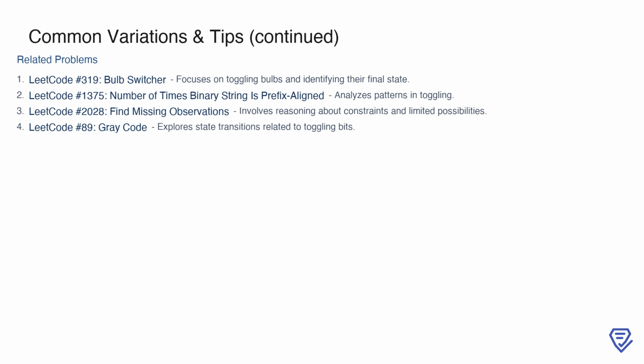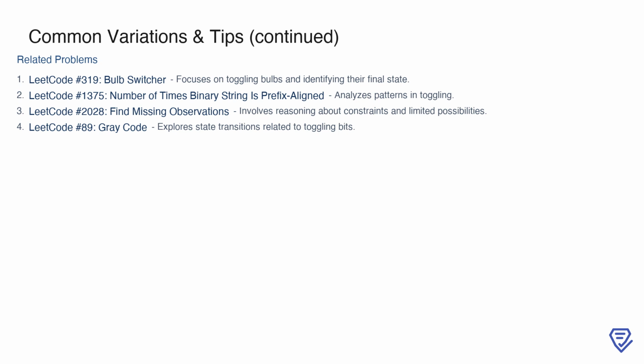This problem shares similarities with several other problems on LeetCode. For example, in LeetCode number 319, Bulb Switcher, the focus is also on toggling bulbs and determining their final state after a sequence of operations. Another related problem is LeetCode number 1375, Number of Times Binary String Is Prefix-Aligned, which involves analyzing patterns in toggling operations.